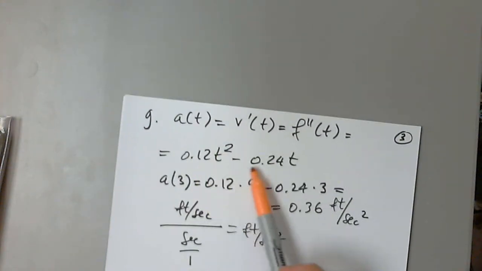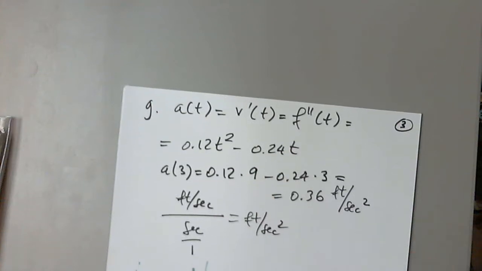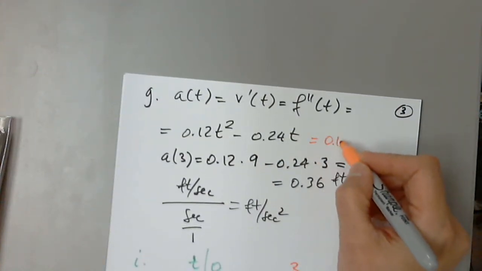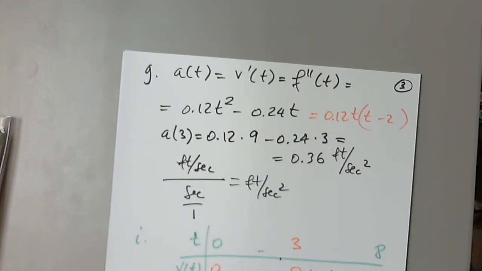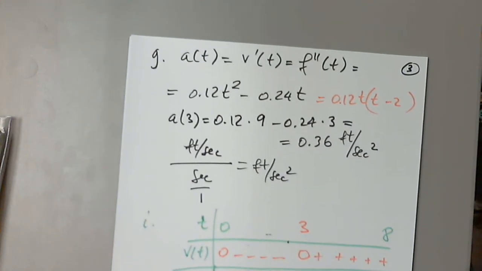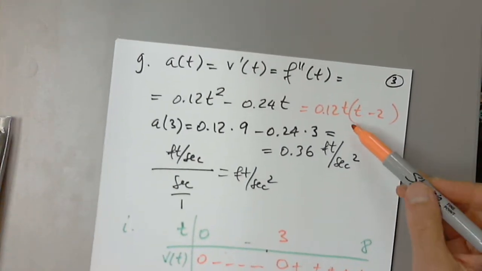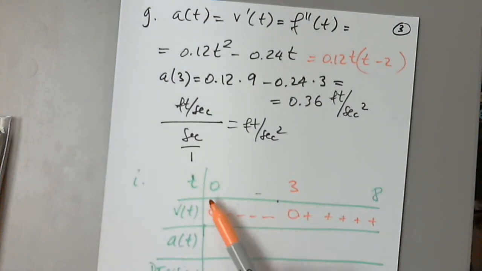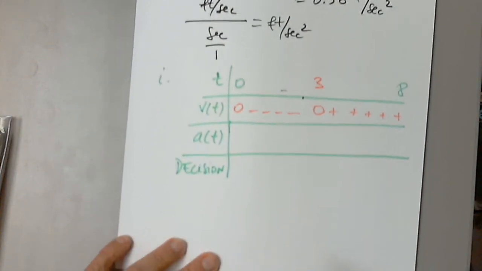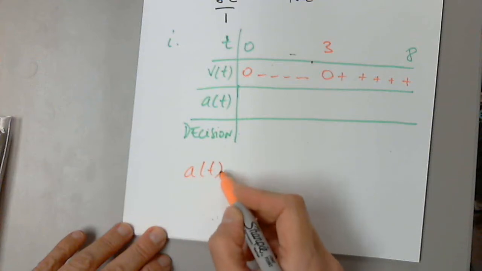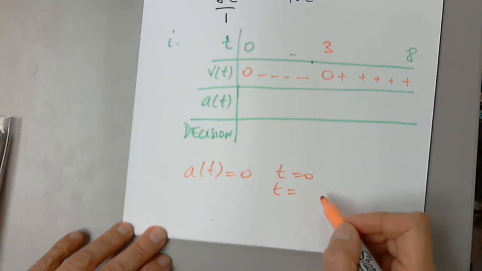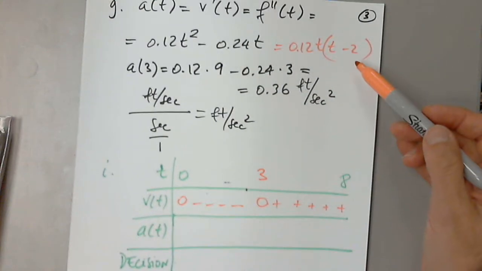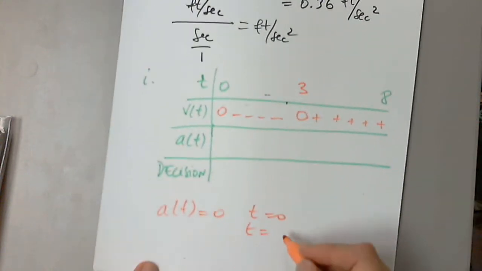Here's the acceleration. I will factor out 0.12 t, and then I get t minus 2. When is the acceleration 0? Because I have to do the same thing I did for the velocity. So acceleration of t is 0 means t equals 0 and t equals 2.